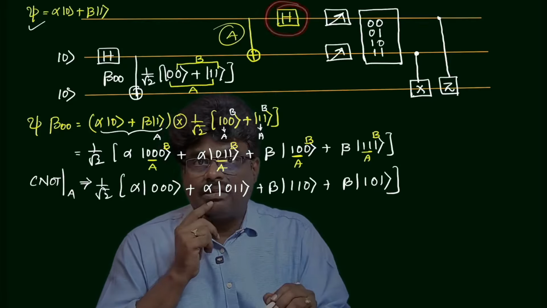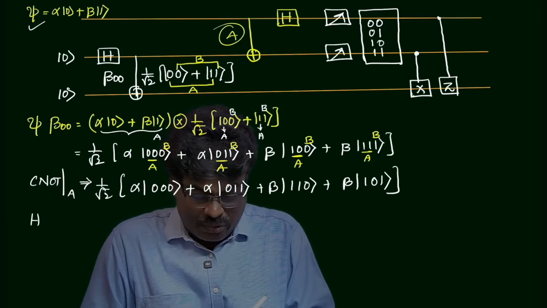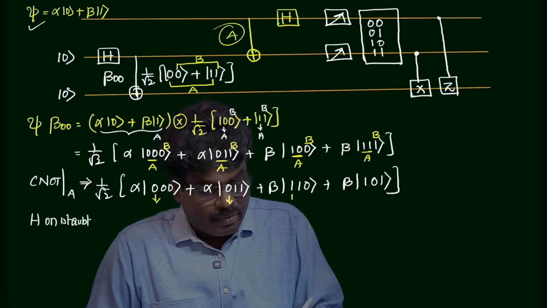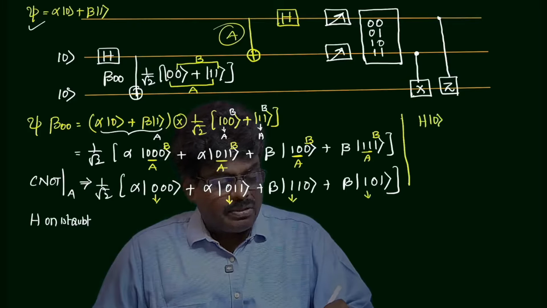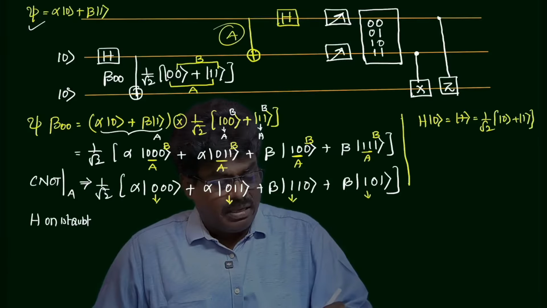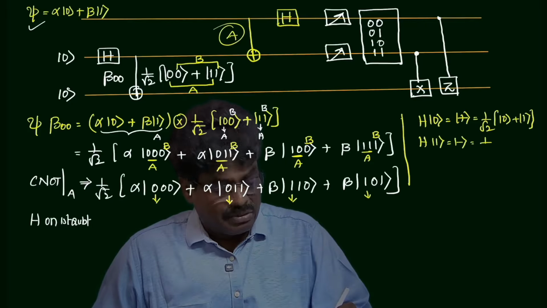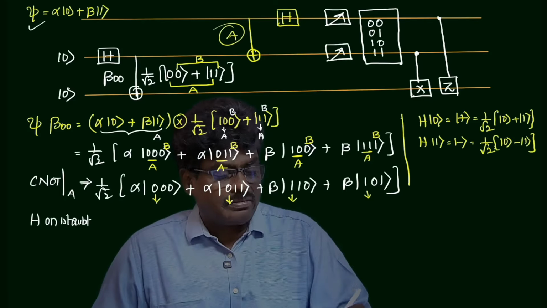So this is the Hadamard operation on the first qubit. First qubit means here this one, and we know H operates on 0 to give plus, which is equal to 1 over root 2 (0 plus 1), and H operates on 1, this is minus, sorry, 1 over root 2 (0 minus 1), diagonal basis.